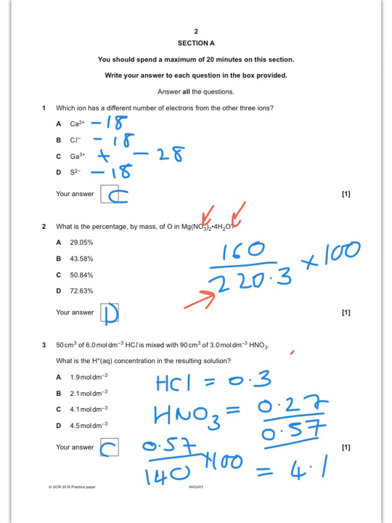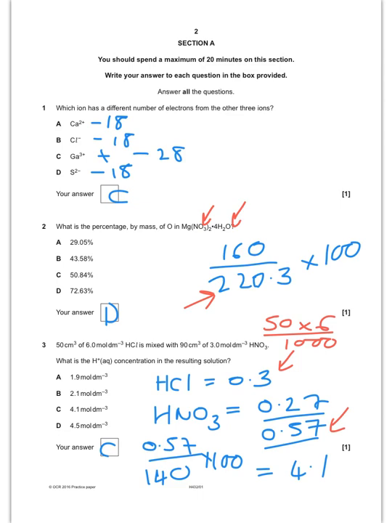So I've got 0.3 moles of HCl, which I've worked out as from 50 times your concentration over 1,000, and I get 0.27 for nitric acid, which of course is 90 times 3 over 1,000. Add them together to give me 0.57 moles of acid, H+ ions.